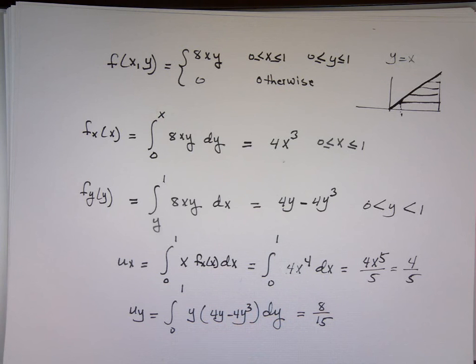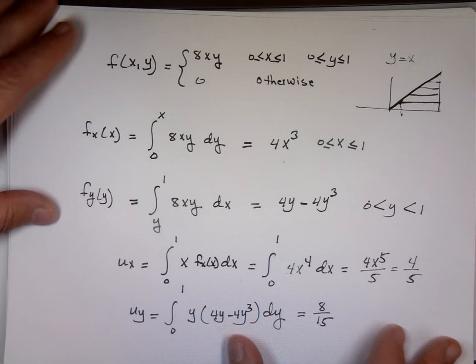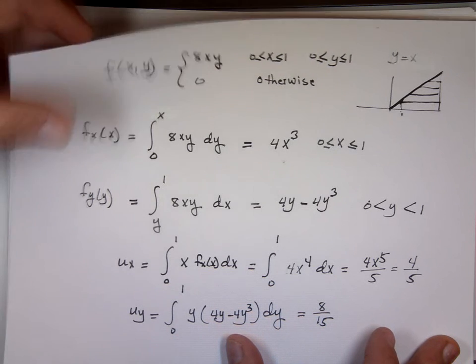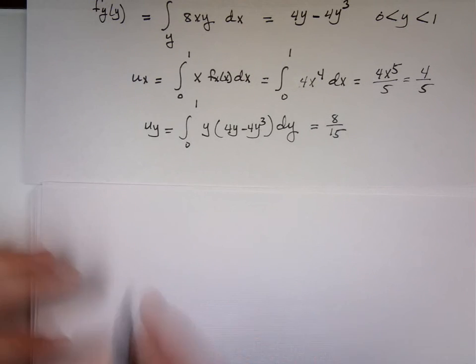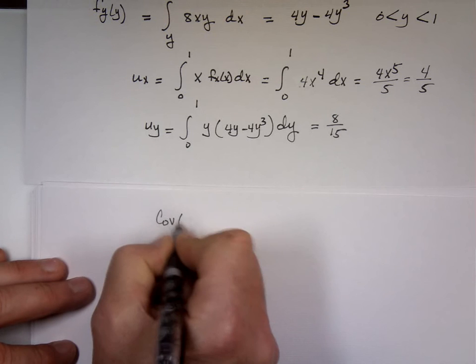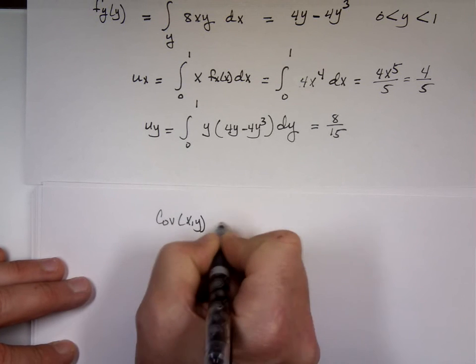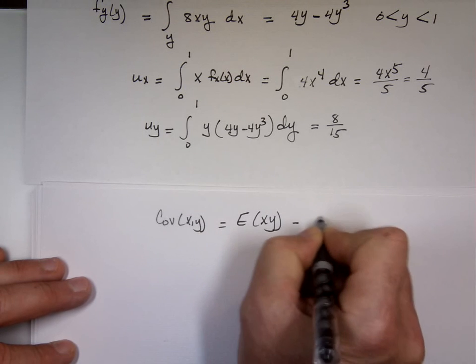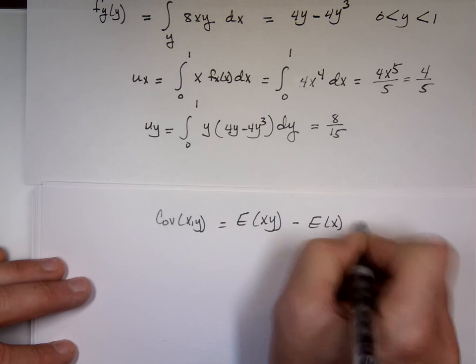Now to get the covariance, I need what? Mu xy, or expected value of xy. Because the covariance equals the expected value of xy minus the expected value of x times the expected value of y.